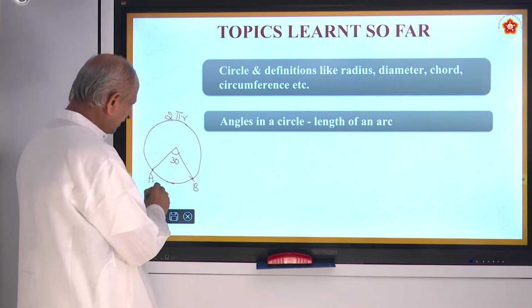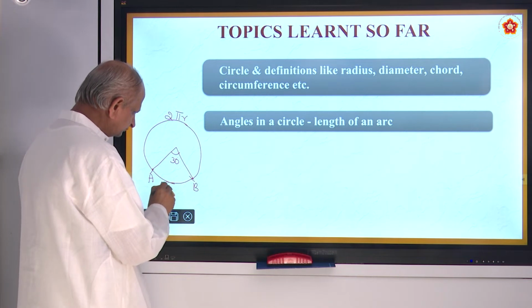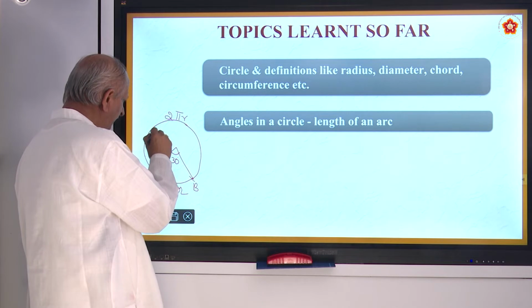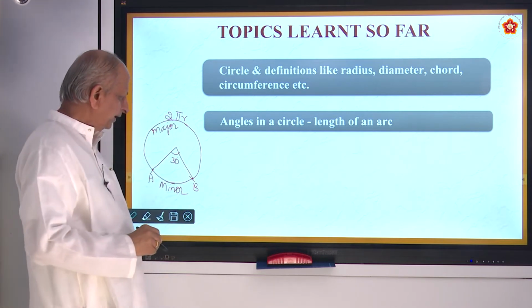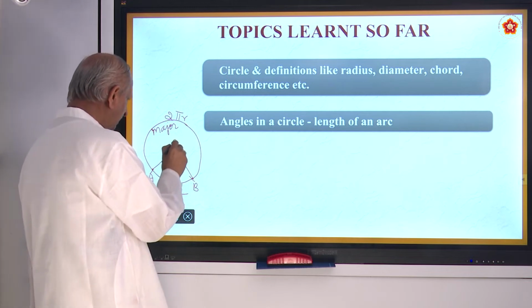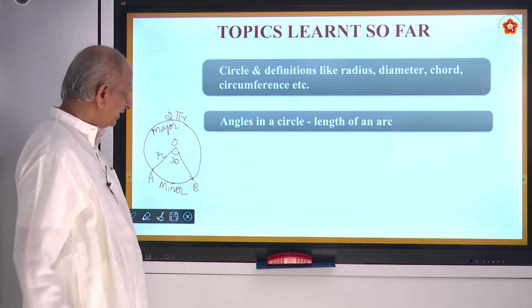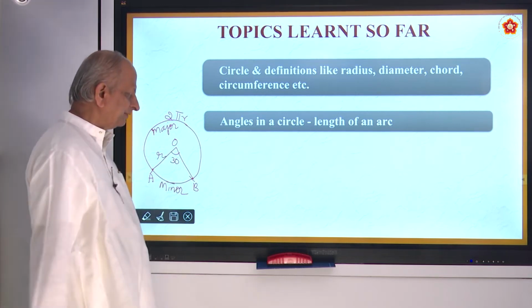And this arc is called the minor arc. And this part is called the major arc. Is it not? And this is called center, this is called radius, and this is called angle at the center.